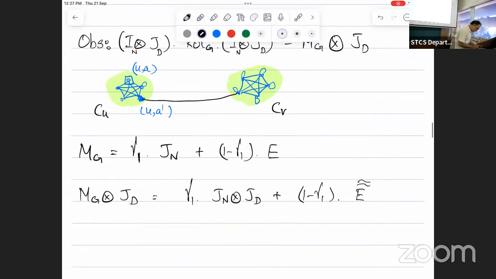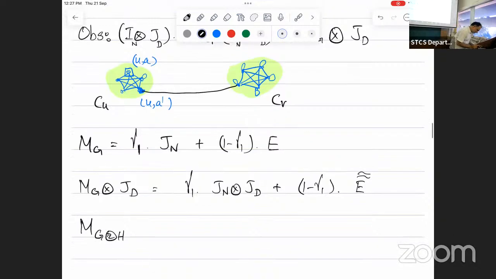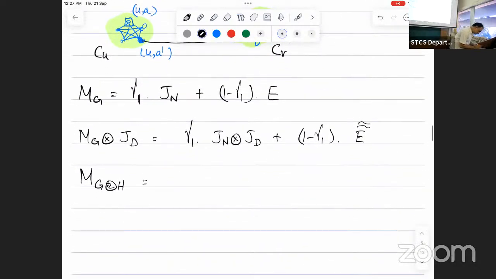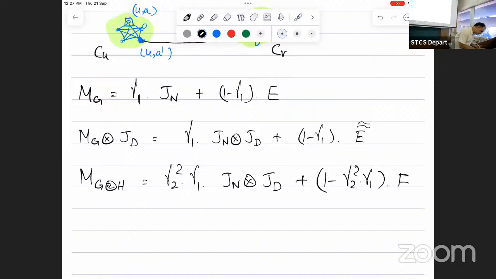So therefore, this will say that M_G zigzag H starts looking like gamma 2 squared gamma 1 times J_n tensor J_D plus everything else will get clubbed up into one large error term. That is going to be 1 minus gamma 2 squared gamma 1 times some E hat, where this guy has spectral norm at most 1.